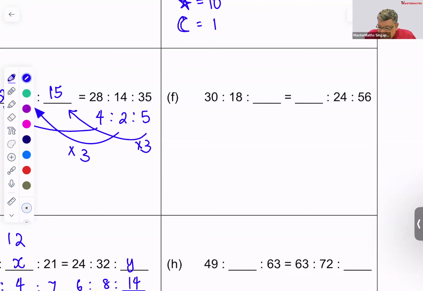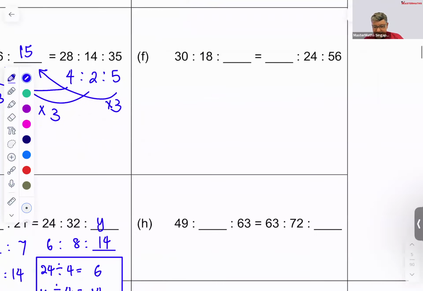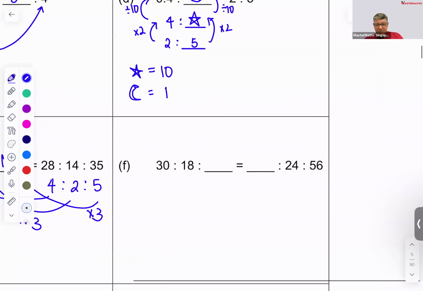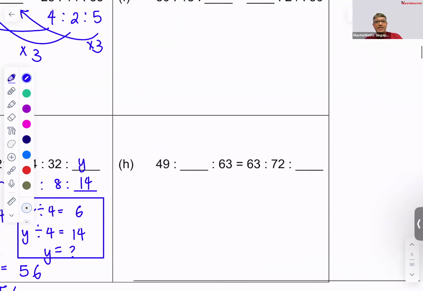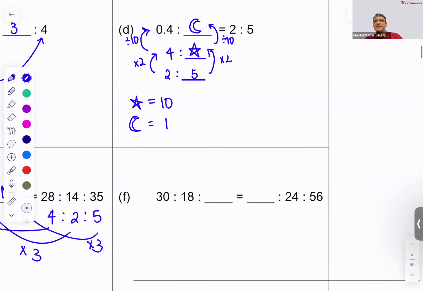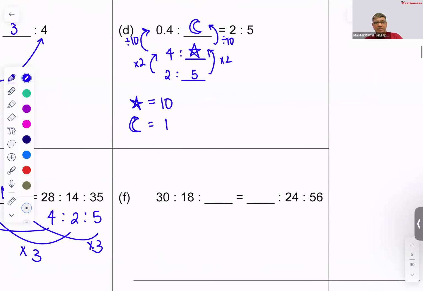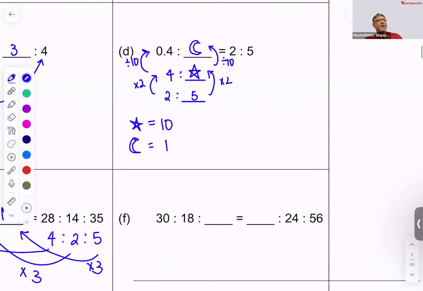West Spring, is a P6 class air conditioned? No. Okay lah. So the standard is all classes are not air conditioned. I know of one school, the hall is air conditioned, and it's only for exams, like PSLE.